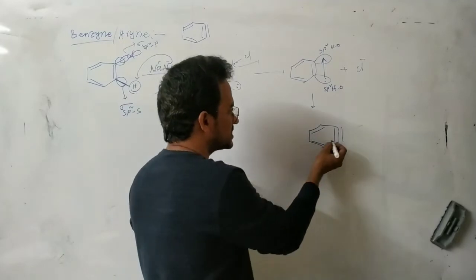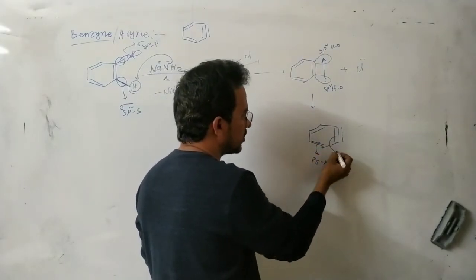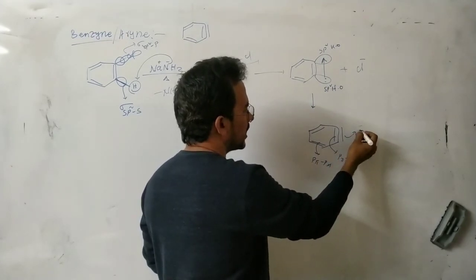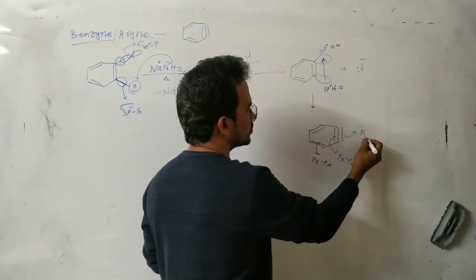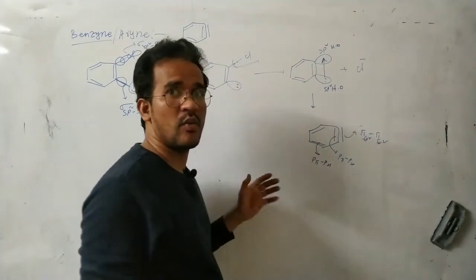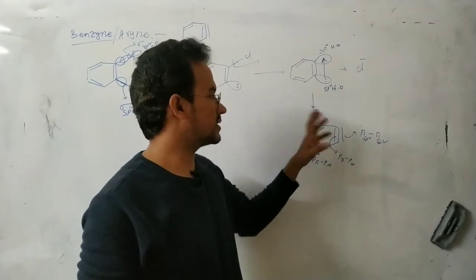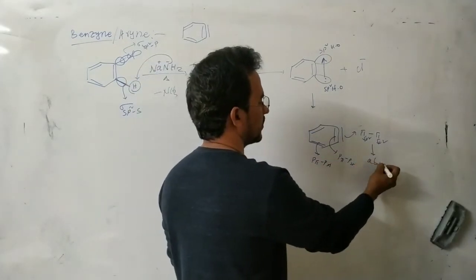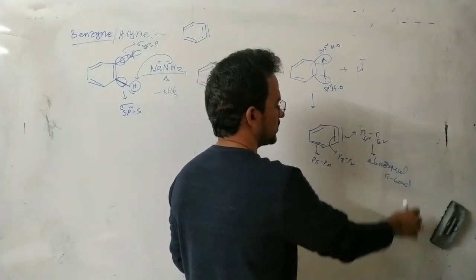You see, these bonds are the p-pi bonds, but this bond is a pi sp2. By overlapping of the 2 sp2 hybrid orbitals laterally, we get this pi bond. That's why it is an abnormal pi bond.